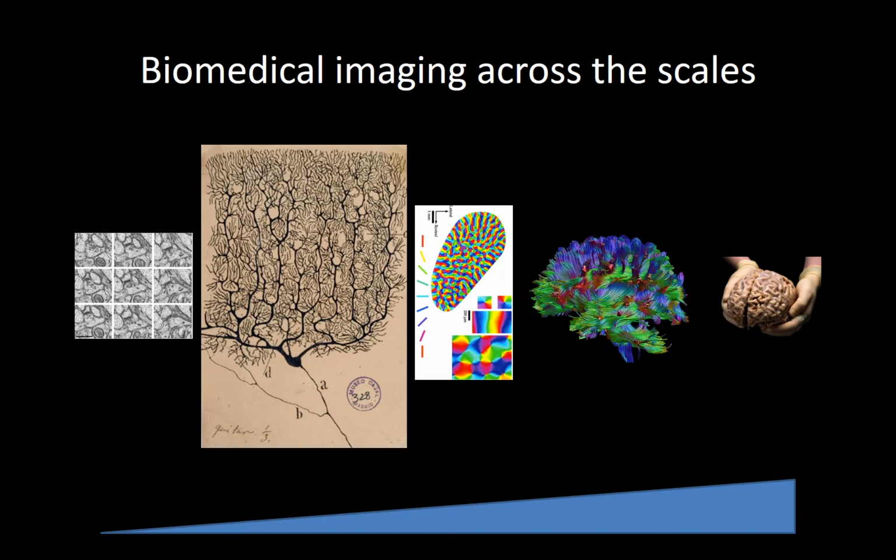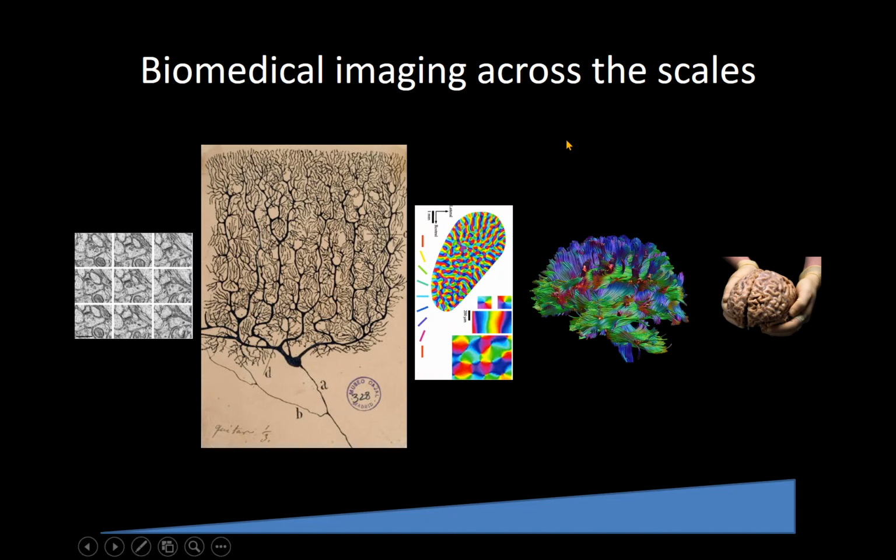This is one application where multicut or correlation clustering is relevant. Now you see a brain imaged at various scales from the macroscopic via diffusion tensor imaging. So this is something you can acquire non-invasively with a magnetic resonance instrument.